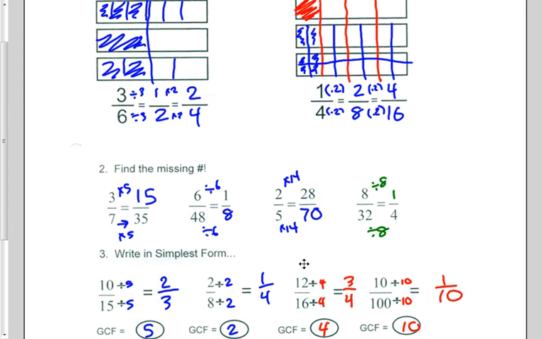And if you don't find the greatest common factor right away, just a little FYI, let's say for 12/16 down here, I had first divided by 2 and gotten 6/8, then what I need you to recognize is that 6/8 is not simplified yet. I can still divide both of those by a common factor.